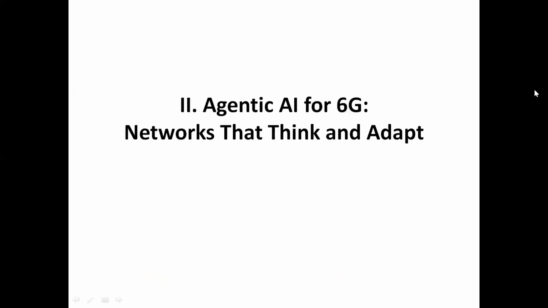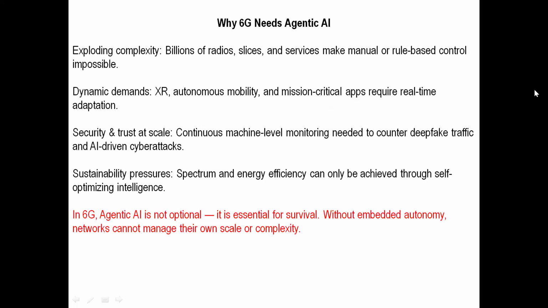First I will look at agentic AI for 6G. What kind of change can agentic AI bring to 6G compared to 5G or 4G? Agentic AI is fundamentally AI but more human-like. There are a lot of activities to develop artificial general intelligence, trying to completely mimic the human.